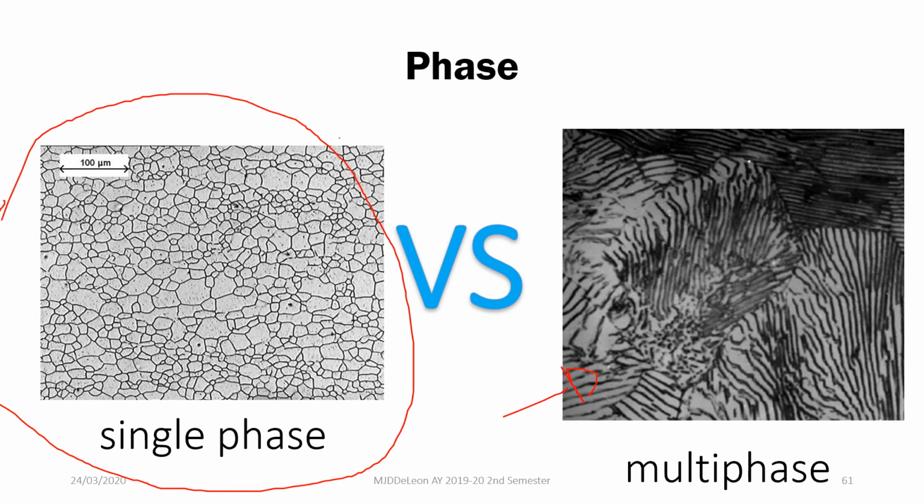And upon further knowledge, as you learn more about materials engineering, you will actually learn that these different colors actually represent the two different phases in our steel. So yung itim natin, if I'm correct, this is cementite, and yung medyo lighter regions natin is your ferrite. So in steel, usually ganito yung naging structure natin, nakita natin na multi-phase nga yung ating steel.